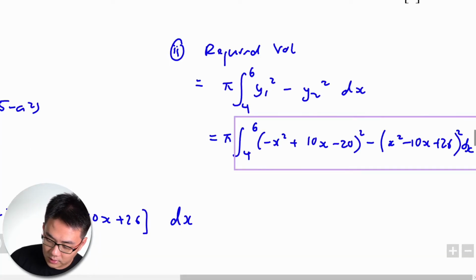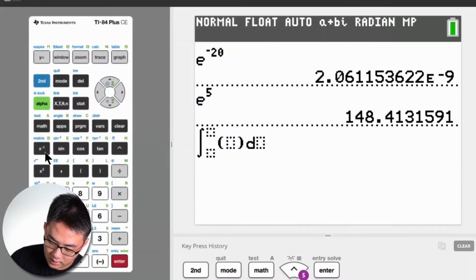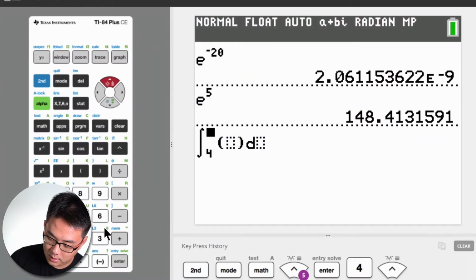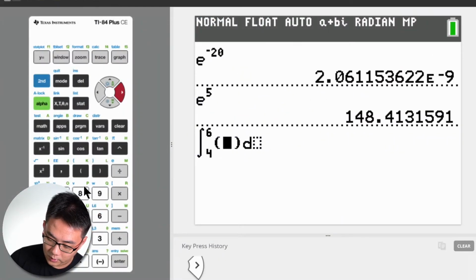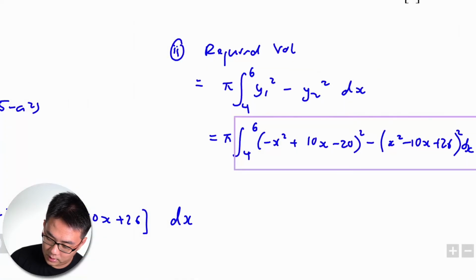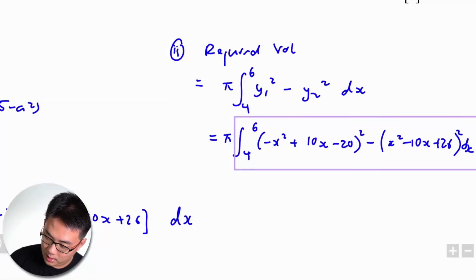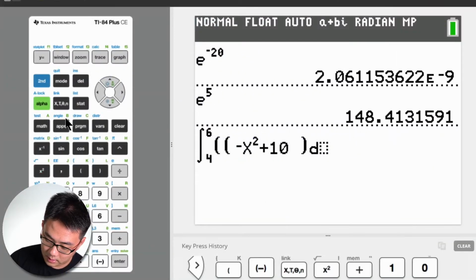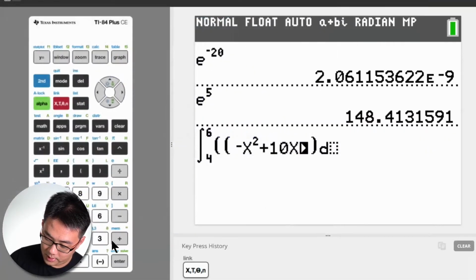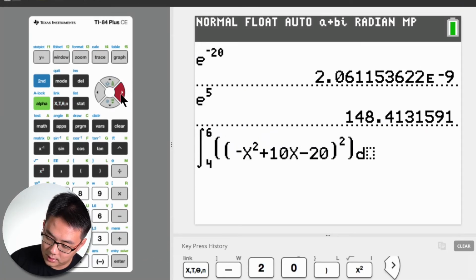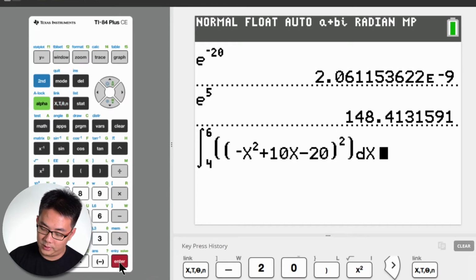If you expand, you minus off everything, it will be quite neat as well, but I don't want to do that because it's just very troublesome. So I'm going to put 4, 6 and just write everything in. So this is negative x squared plus 10x and minus 20 square. Okay, let's just see whether we'll get the exact value for this.